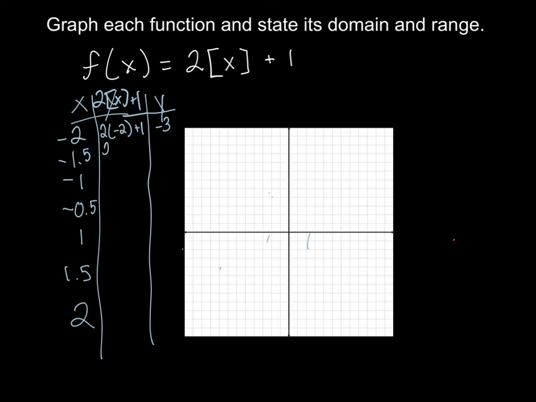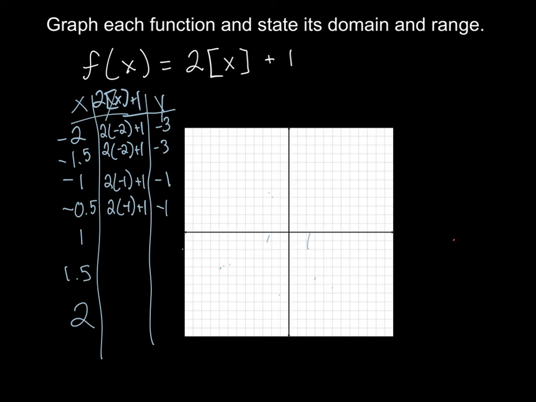So that would also be -2. So that's still going to be -3. If x is -1, you have 2 times -1 plus 1. So that would be -2 plus 1, which is -1. If you have -0.5, you're also going to use -1 because that's the closest one to the left. And that's the one that's less than or equal. And so that's also going to give you -1.